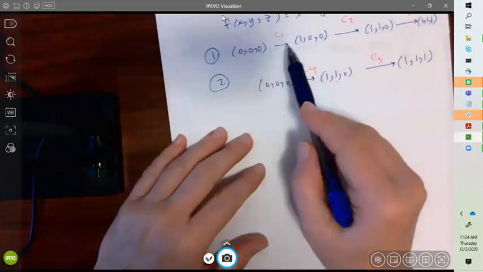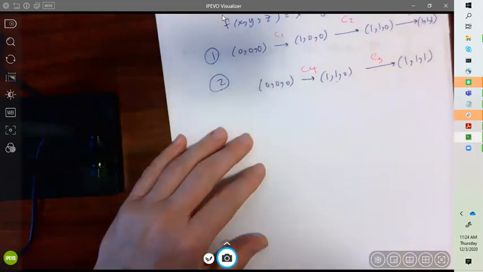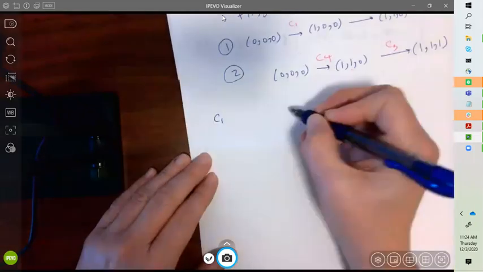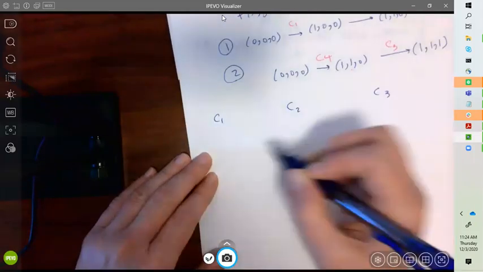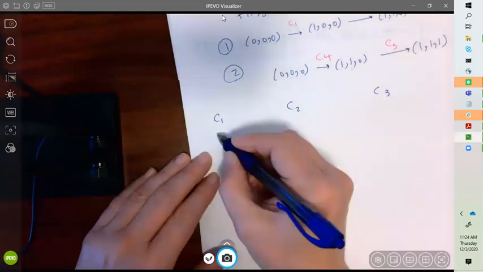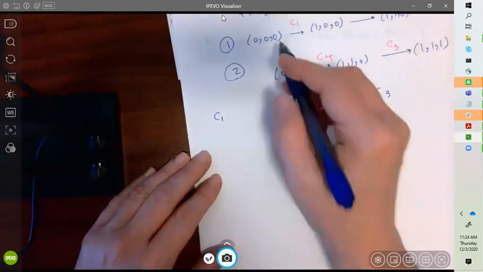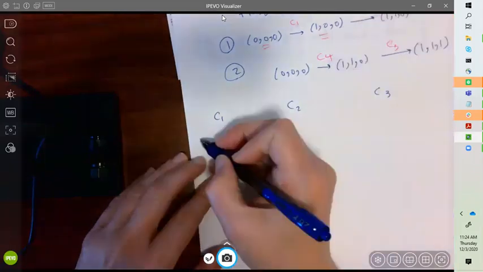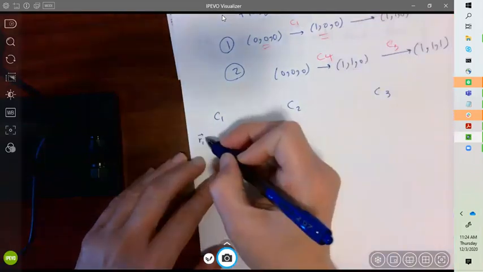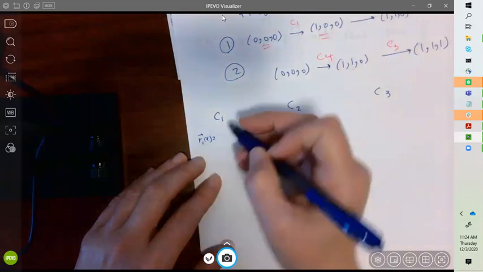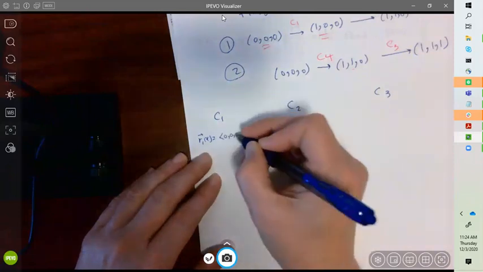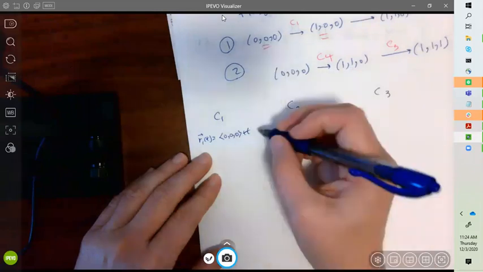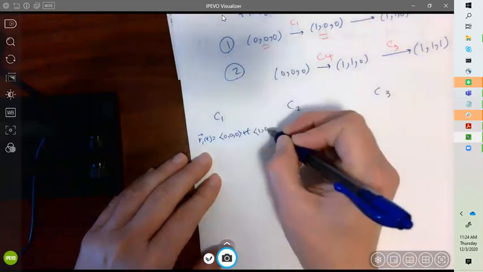So here, for the first one, I have 3 paths. So let's do C1, C2, and C3. And for C1, starting point is this, end point is that. So I can write R1 of t equal to 0, 0, 0 plus t, the vector that goes from here to here, which is 1, 0, 0.